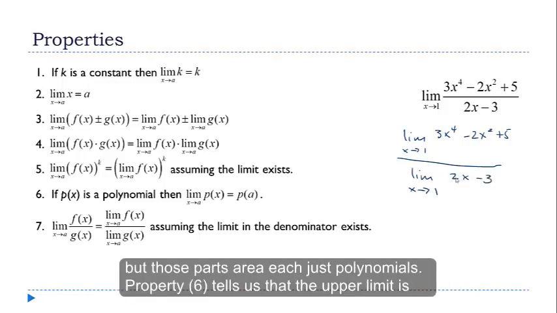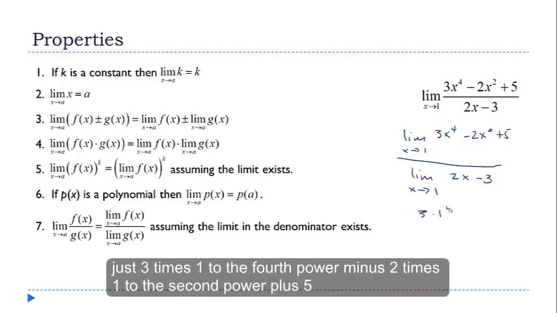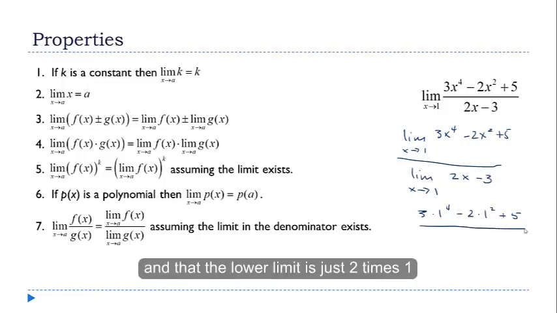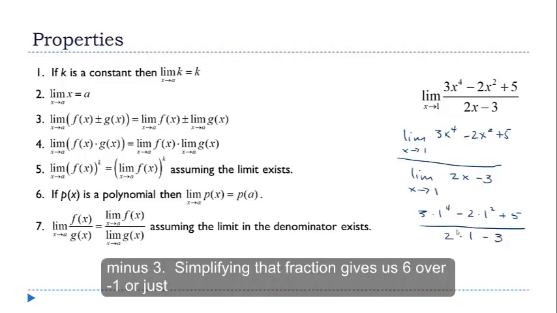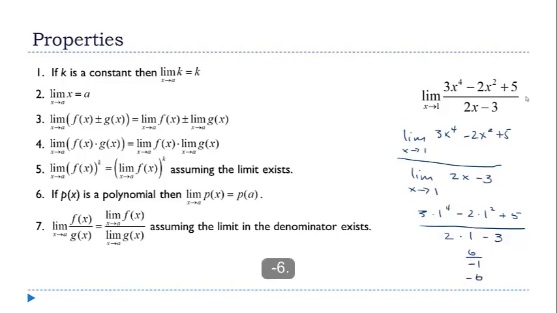But those limits are each just a polynomial. So property 6 tells us that the upper limit is 3 times 1 to the 4th power minus 2 times 1 squared plus 5. And the bottom limit is 2 times 1 minus 3. So simplifying this gives us 6 over negative 1, which is just negative 6.